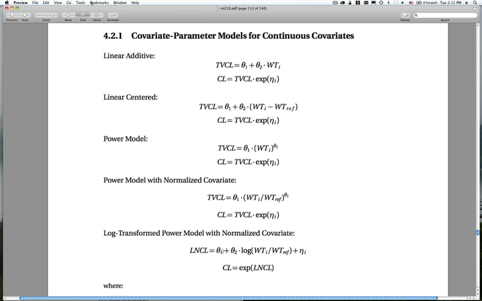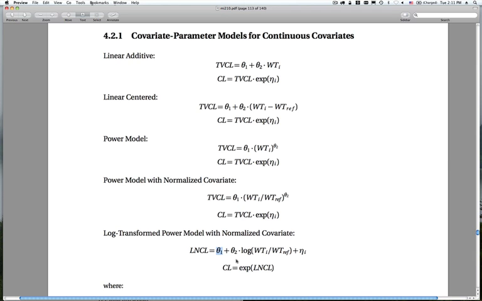However, if theta 1 in this parameterization is negative, that's okay because this expression is for the log of clearance, not for clearance. And so actually what we've got here is the log version of the power normalized model with a slight difference in that the intercept is equal to theta 1 still, where theta 1 now is log of clearance and not clearance itself.